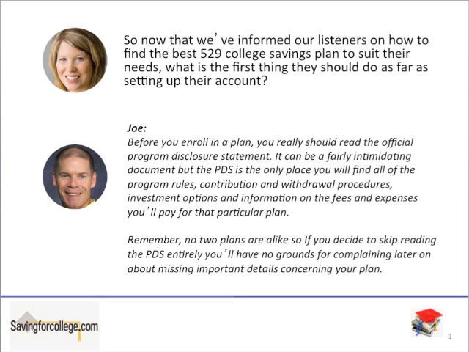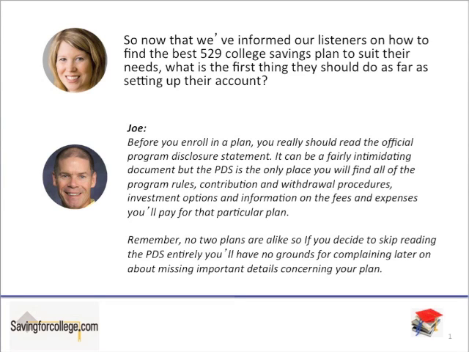So, now that we've informed our listeners on how to find the best 529 college savings plan to suit their needs, what is the first thing they should do as far as setting up their account? Well, before you enroll in a plan, you really should read the official program disclosure statement.